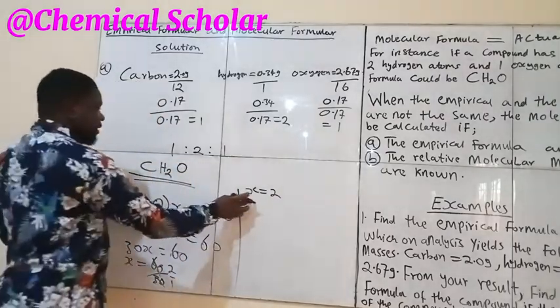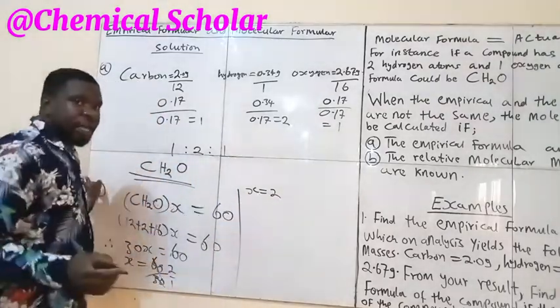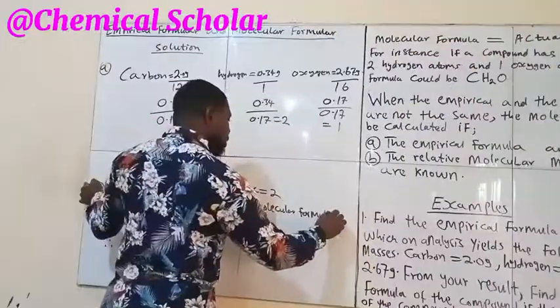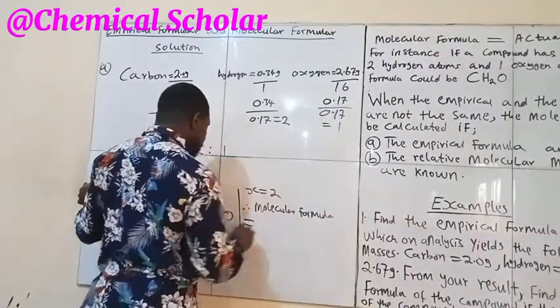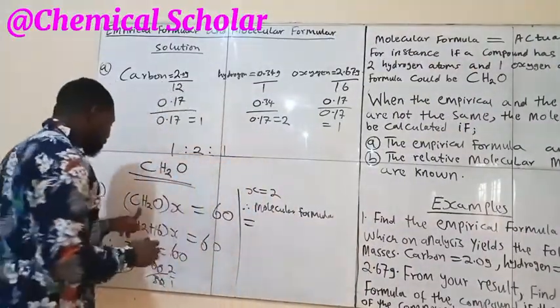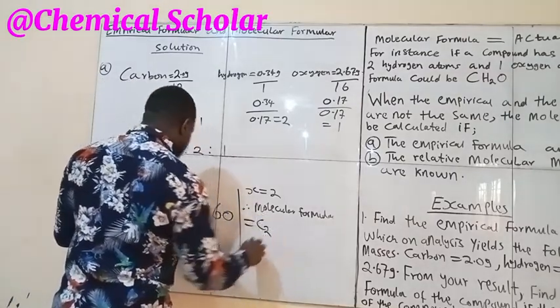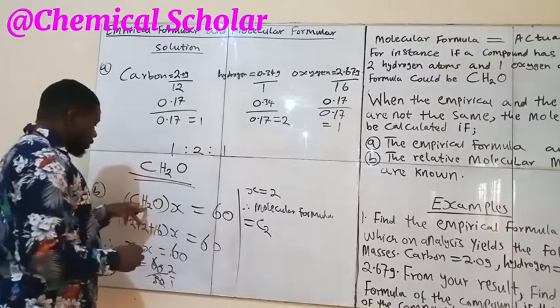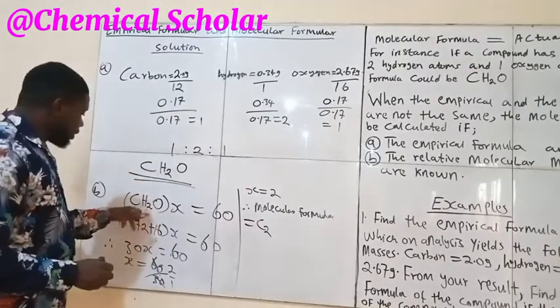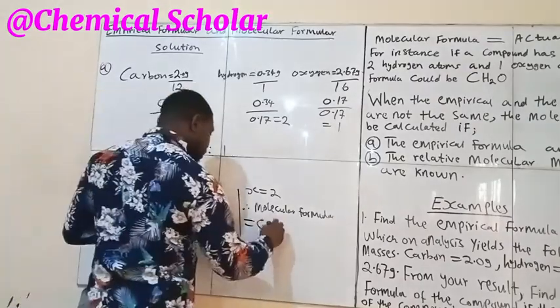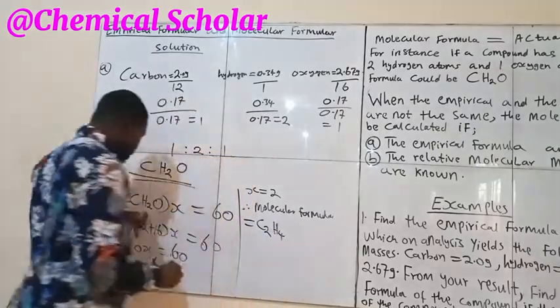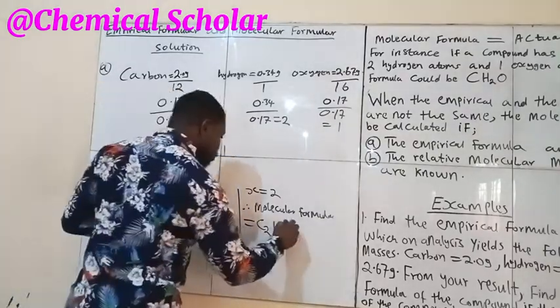Okay? So since we have our X to be equal to 2, our molecular formula will now be equal to C2. Since we already have H2 here, 2 times 2 gives H4. Then O2.